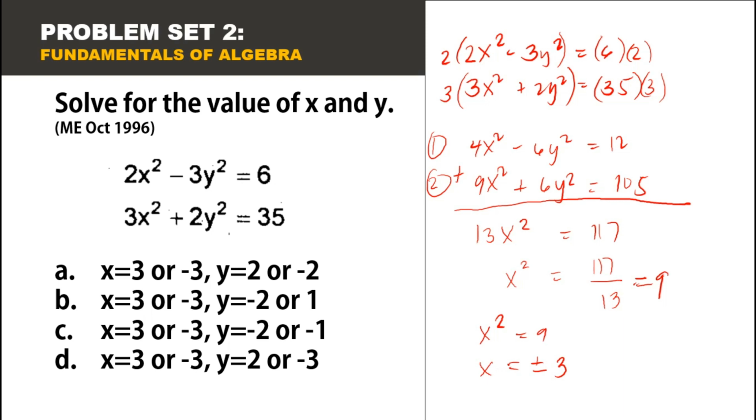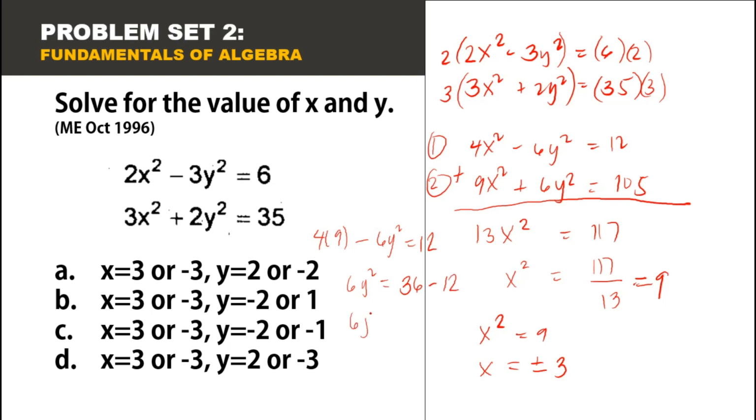For y, we can substitute this value. We have x squared as 9. So 4 times 9 for the first equation minus 6y squared is equal to 12. So 6y squared is equal to 4 times 9, that is 36, minus 12.